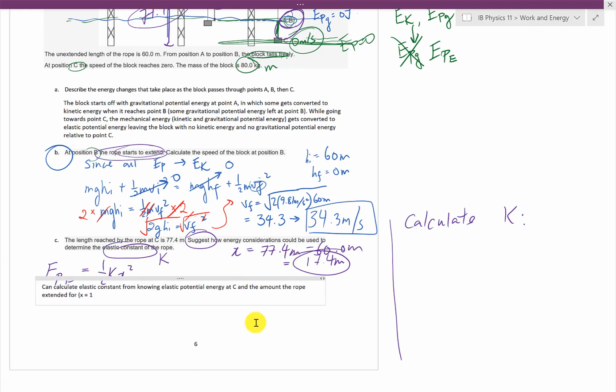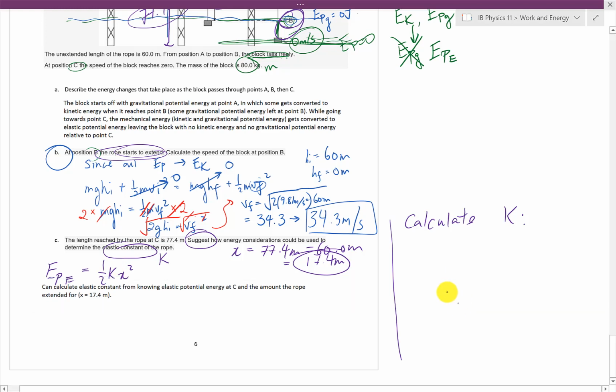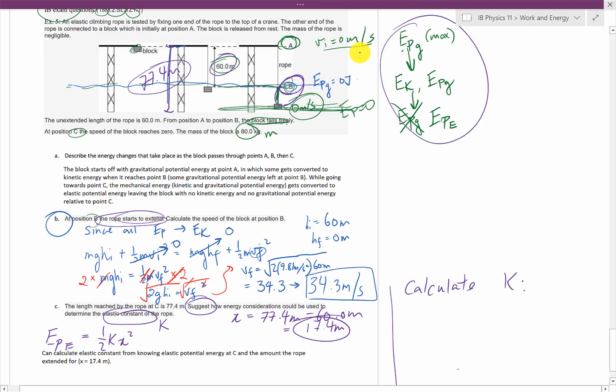So let's write that down. Now we need the elastic potential energy at point C, and to do that, we need to use conservation of energy. Here I drew a flow chart just to do question A over here.